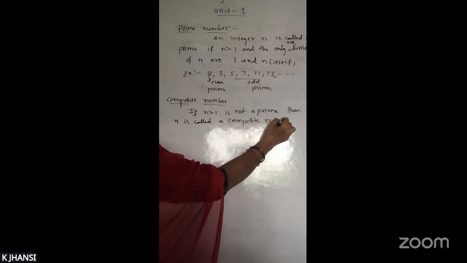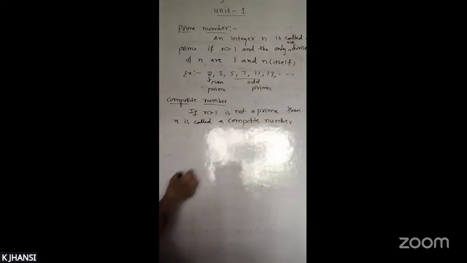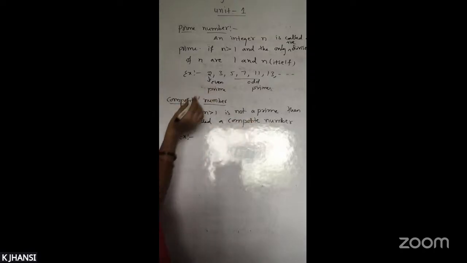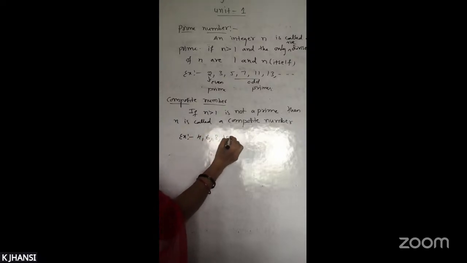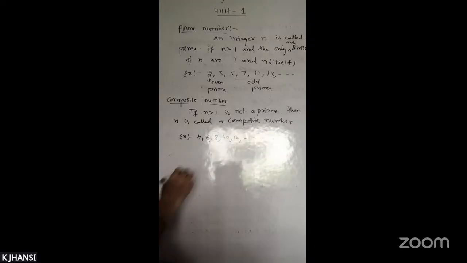You can take the example here: 4, 6, 8, 10, 12, and so on. Whatever numbers are left by the prime numbers are called composite numbers.